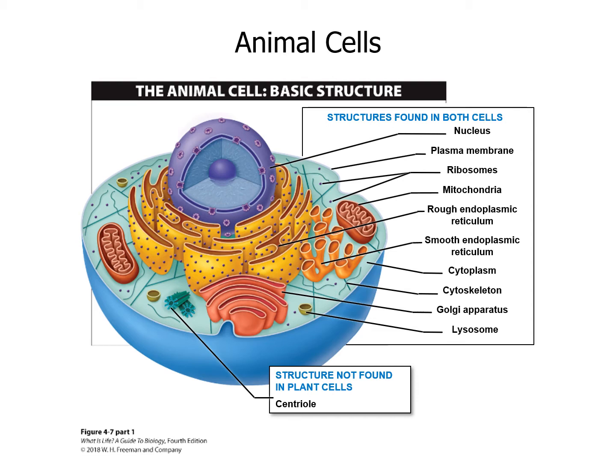Surrounding the entire cell is the plasma membrane. So that's almost like a skin surrounding the cell. Inside of the cell, we're going to have cytoplasm. Cytoplasm is going to be the fluid that is within the cell itself. So it's almost like a jelly-like fluid, but it is a fluid that everything is basically suspended in, all those organelles.